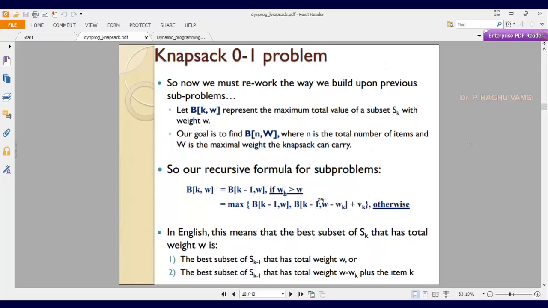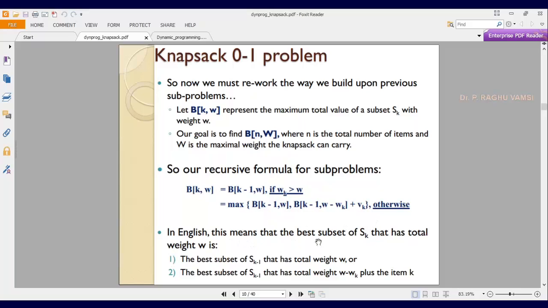Here, unless we know how much weight needs to be added, we cannot take a proper decision. That is the reason we consider w minus wk and the value of the corresponding item to be placed. Whichever is the maximum, that value we are going to consider and place into the bag.